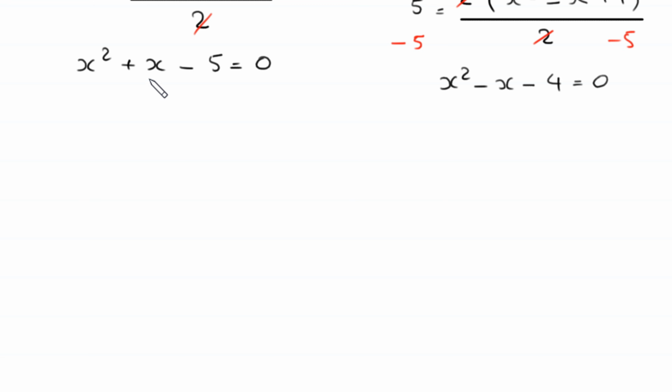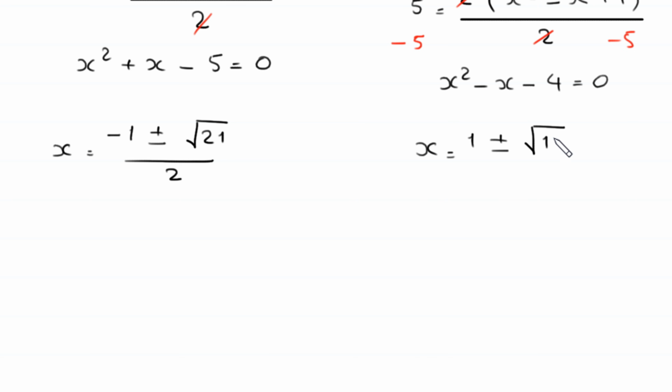Now by solving this quadratic equation by quadratic formula, we get x is equal to negative 1 plus or minus square root of 21 divided by 2. By solving this equation, we get the value of x is equal to 1 plus or minus square root of 17 divided by 2.